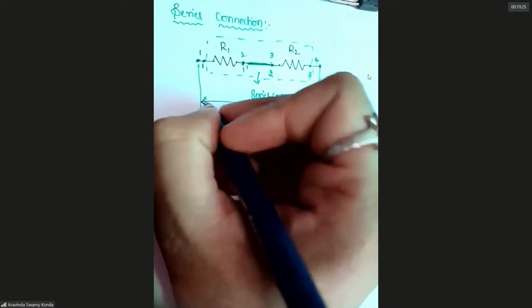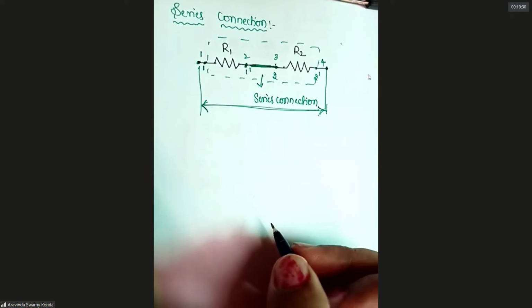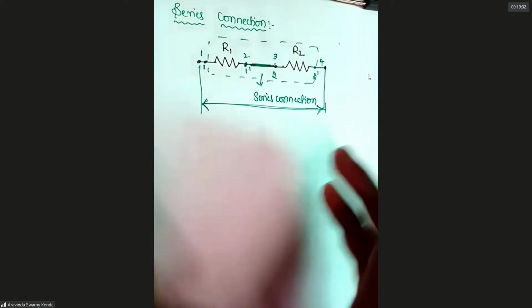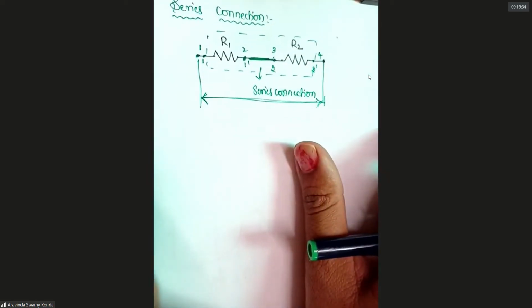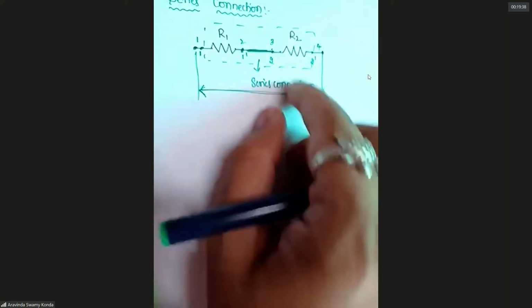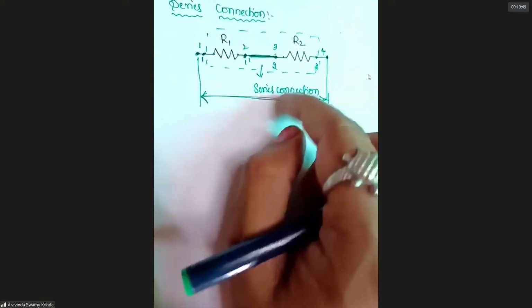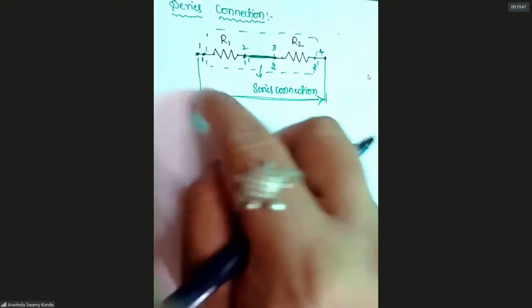So what is the equivalent resistance? We will find it with the help of another circuit, and for that analysis I want to apply some voltage source across this.